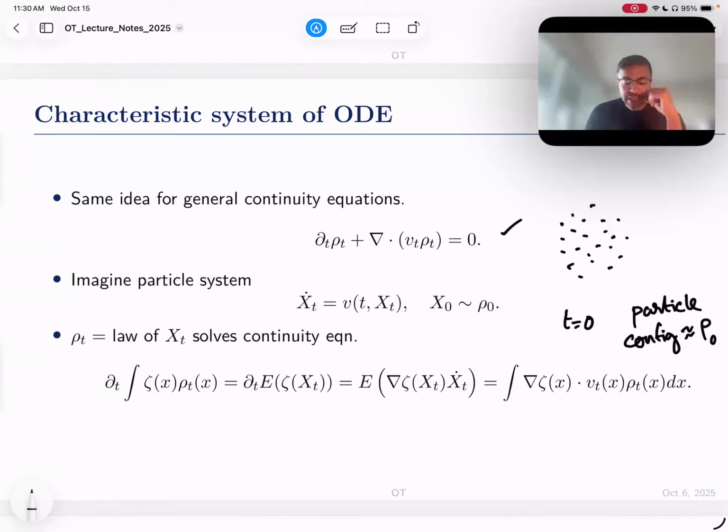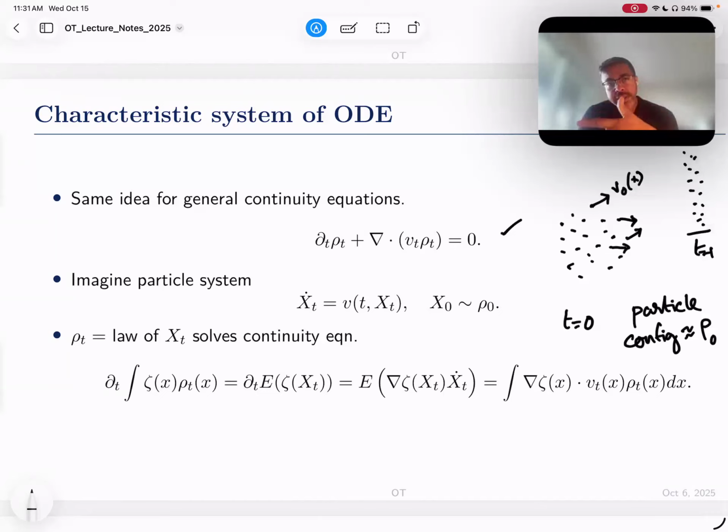And now each of these particles is going to move according to this velocity field. So each of these particles, at time 0, will feel a velocity v0 at its own position x. So maybe this guy moves here, maybe that guy moves here, maybe this guy moves here. Each one of these particles is feeling its own velocity field. And so at time t equals, let's say, 1, it will have a different configuration, maybe something like this.